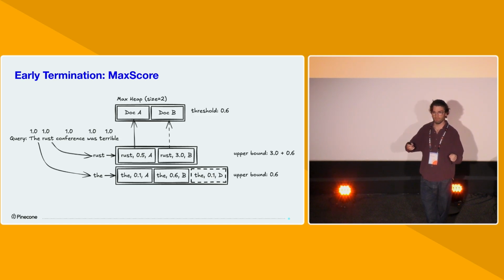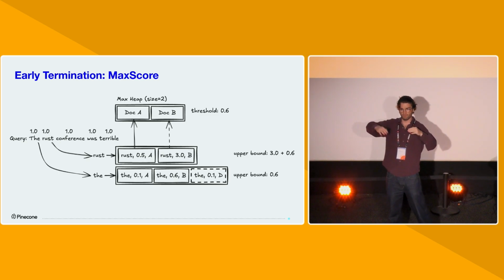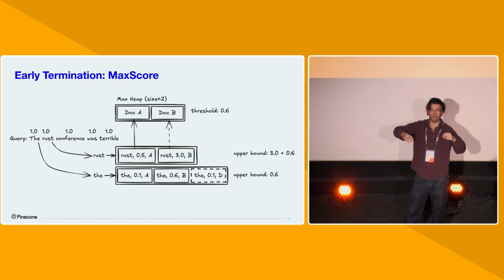MaxScore is an algorithm by which we know that we can iterate over the term lists in a certain order, and have an upper bound that basically says, okay, if there's the highest scoring term in this document, plus all the other highest scoring terms in the postings lists ranked lower than that, wouldn't put this document into the top K heap, then we can just exit, right? We no longer need to consider new documents from this postings list, okay?